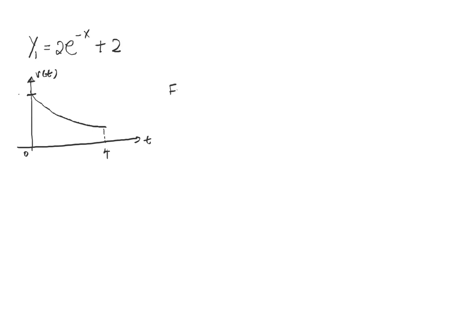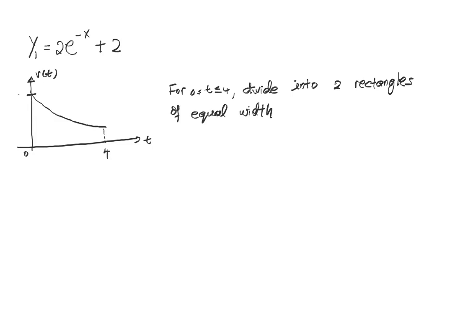For t between 0 and 4, divide into two rectangles of equal width. Divide into two rectangles of equal width.